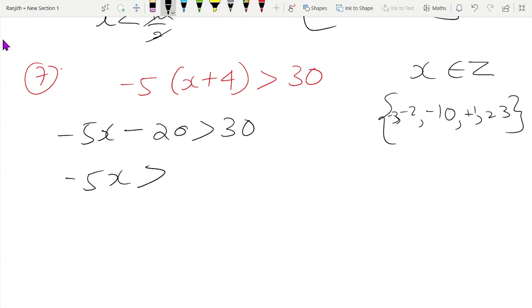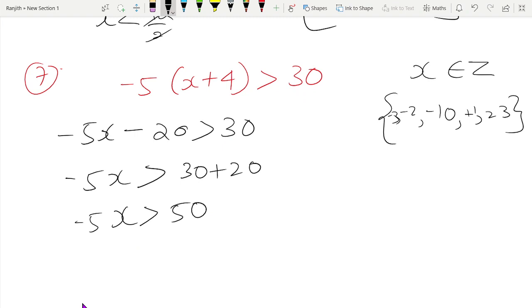Which one is this? Seventh. What's the value, students? 30, so 20 goes to the other side. So x is greater than minus 10? Okay, 50. Right?